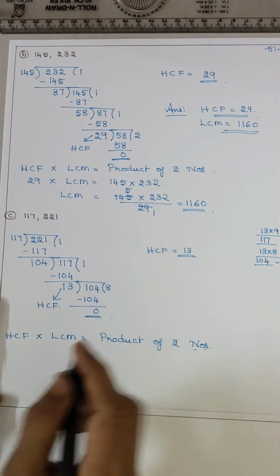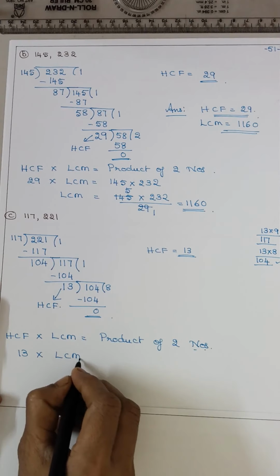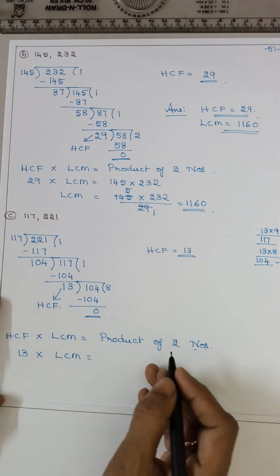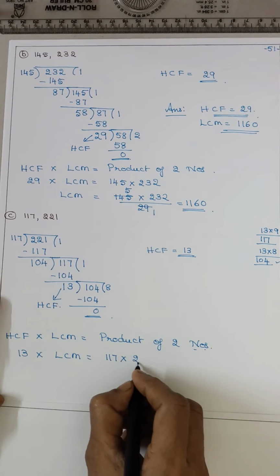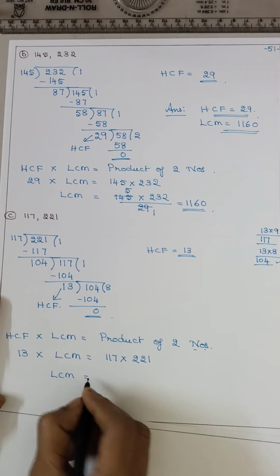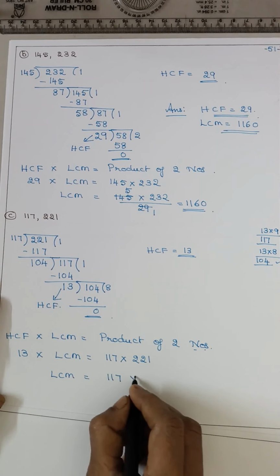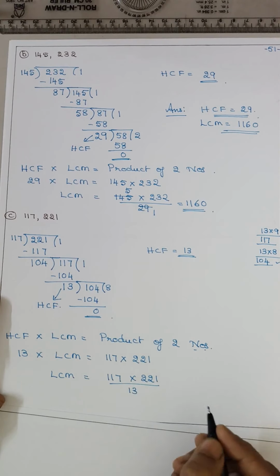So HCF 13, LCM you have to find out, product of two numbers 117 into 221. So LCM is equal to 117 into 221 upon 13.